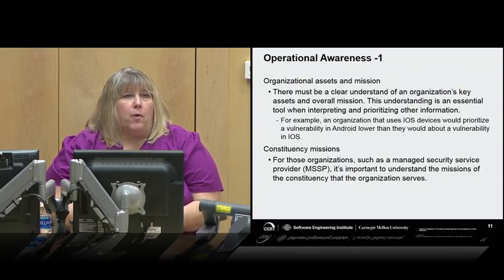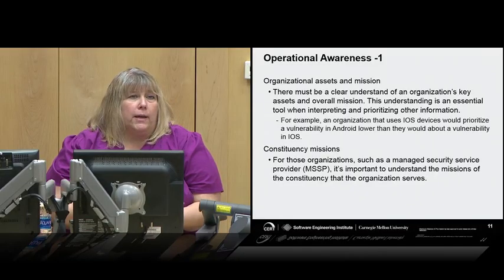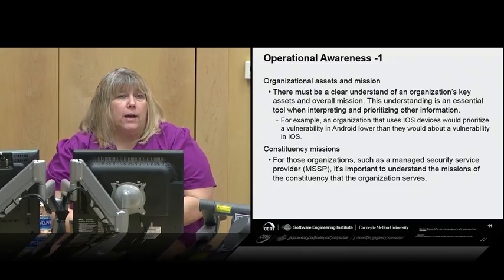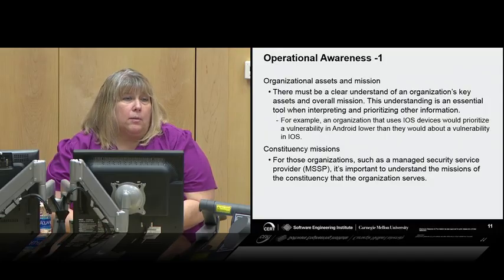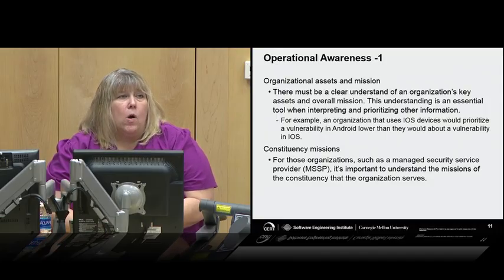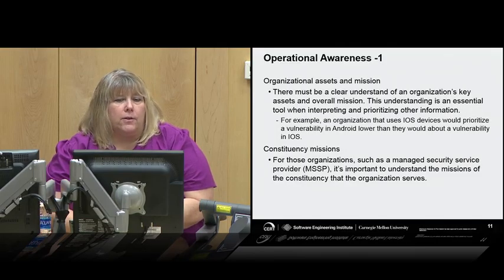For example, the example on this slide says an organization that uses iOS devices would prioritize a vulnerability in Android lower than they would a vulnerability in iOS. Well, certainly, if they're using iOS phones, then a vulnerability in Android is probably not critical to them, unless they have some home users that might be using that, or some of their staff have their own personal phone that has access to their data.